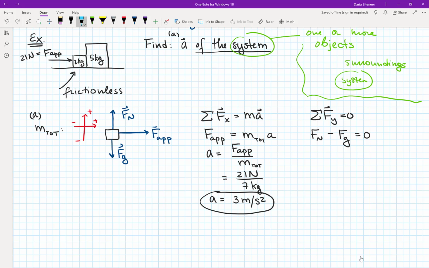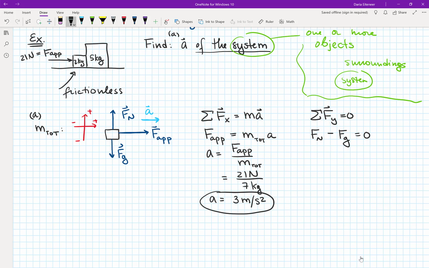That is very obvious from the free body diagram, right? So I know that acceleration is going to be to the right. I can draw that, not on the diagram itself, but a little bit off to the side. It's a great idea to do that because then you're reminding yourself, oh yeah, that's what I'm solving for, right? That's what I'm interested in. So now we found this acceleration. Okay?